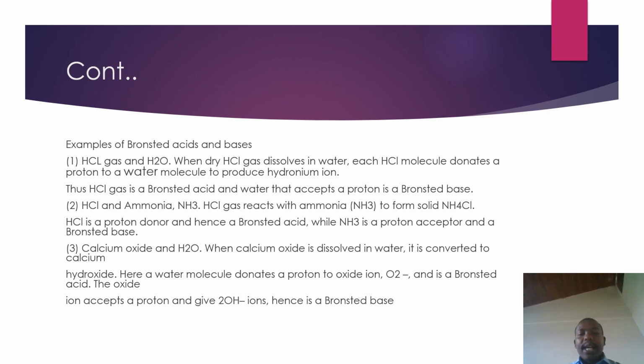When calcium oxide is dissolved in water, it is converted to calcium hydroxide. Here, a water molecule donates a proton to form an oxide ion and is a Brønsted acid. The oxide ion accepts a proton and gives a hydroxide ion, hence a Brønsted base.